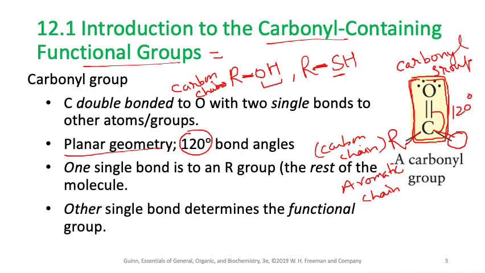So before we go to the next slide, let's talk about the polarity of this functional group. When you see C double bond O, the O is more electronegative than carbon, meaning the O atom is a stronger atom, and because of this you will get a partial negative charge on the oxygen and a partial positive charge on the carbon. Because of the partial positive and negative, you will get 2 poles, and because of that the carbonyl group is a polar group because it contains a polar bond, right?